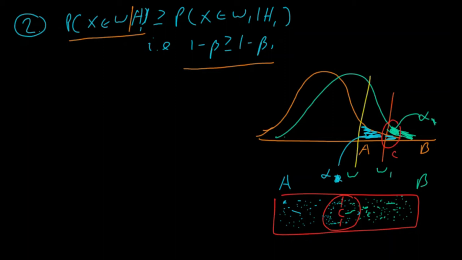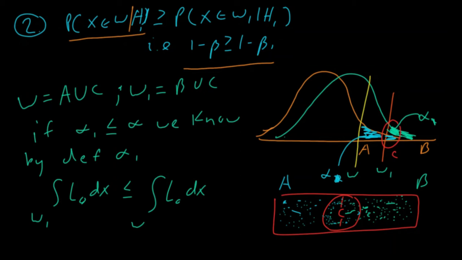Okay? And so we can see through a little bit of set theory that W is equal to A union C, and W1 is equal to B union C by definition. If alpha 1 is less than alpha, we know by definition of alpha 1 that the integral of L naught across W1 dx is less than or equal to the integral of L naught across W dx.